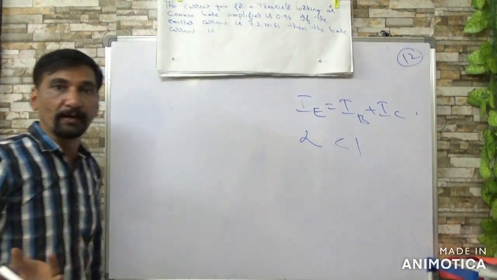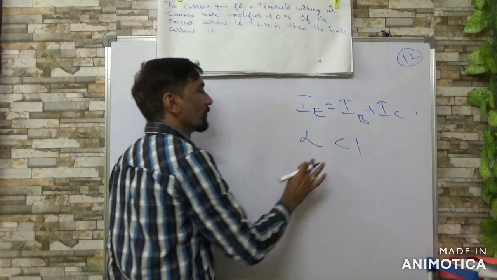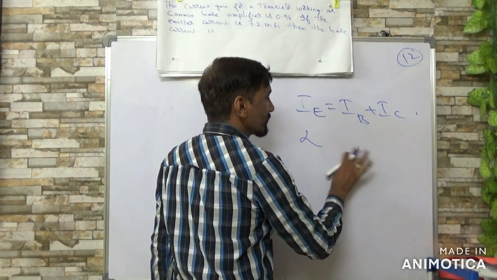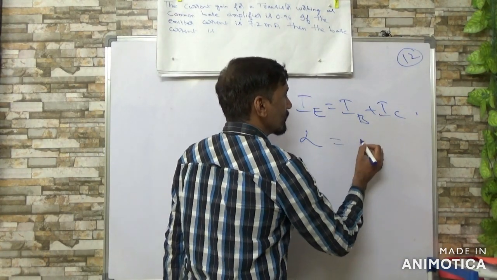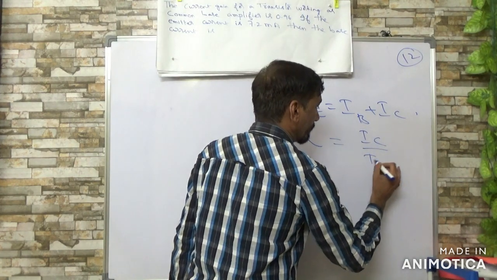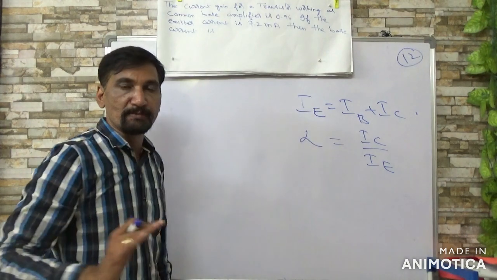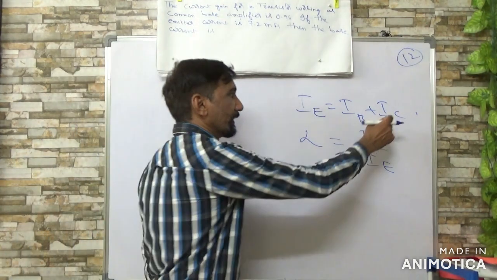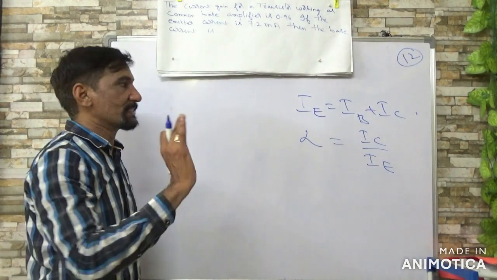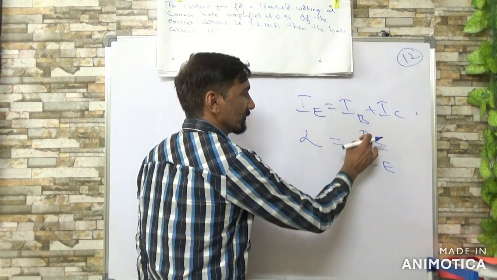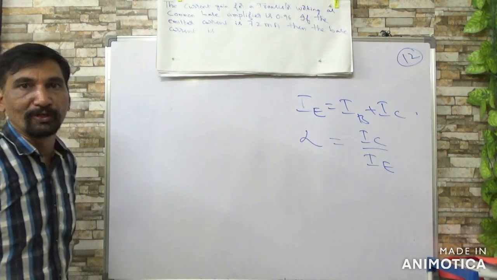Greater than 1, beta. And you know about alpha. So alpha is equal to collector current by emitter current. Because emitter is having maximum current, followed by it, next collector, least base. So that is why this value will become less than 1 only.